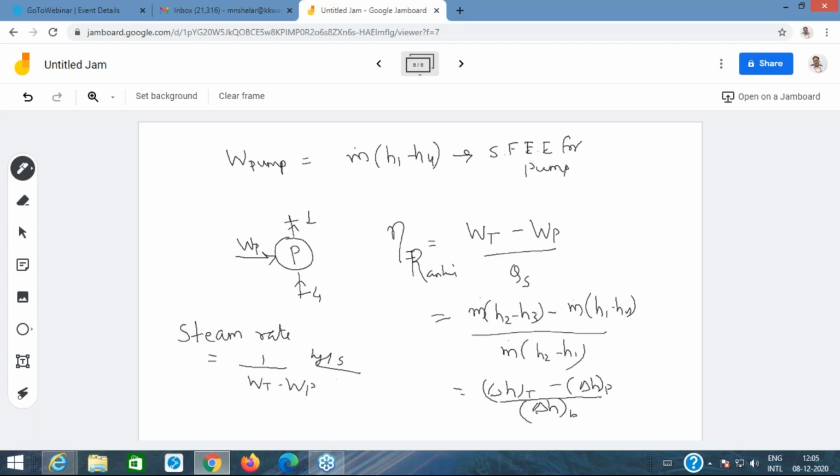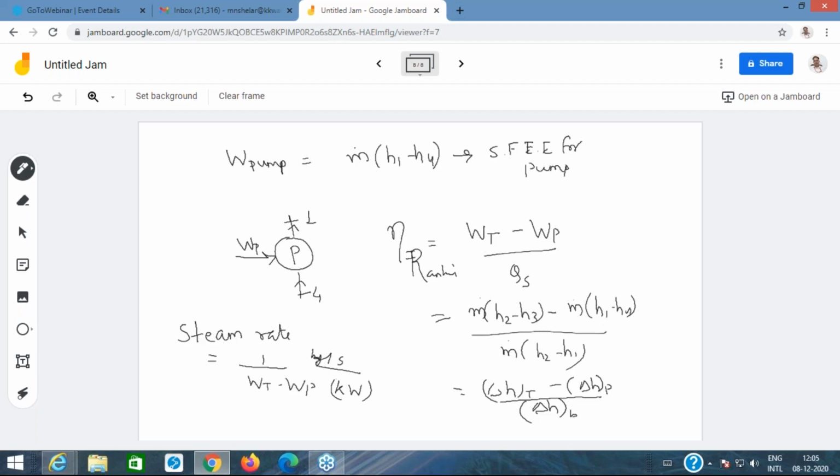It basically tells you how much steam is required to get 1 kilowatt of output. The unit of steam flow is kg per second, and the unit of turbine work minus pump work is kilowatt.